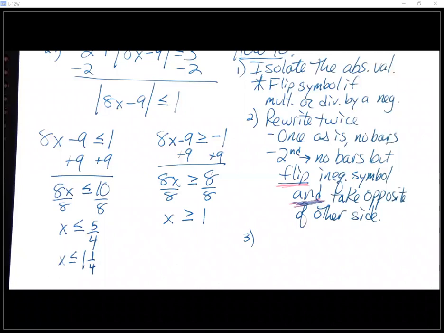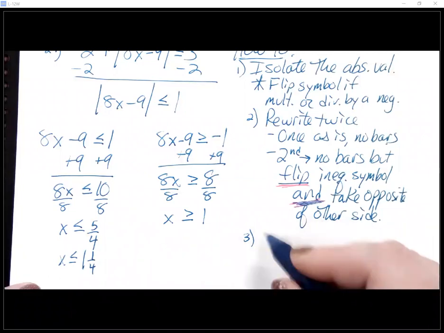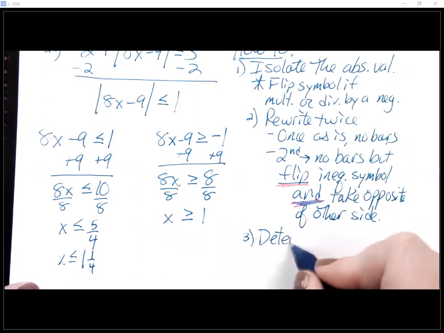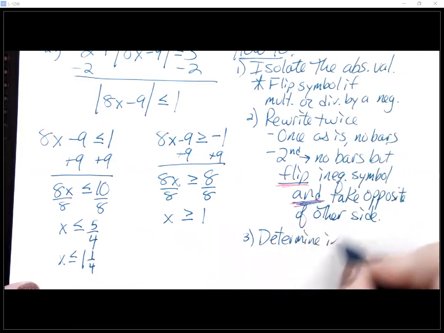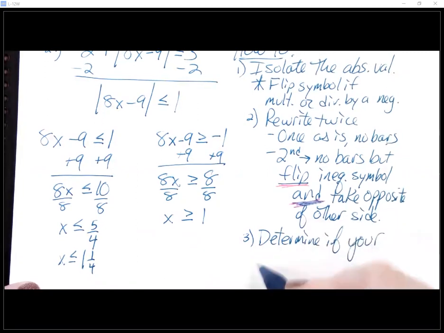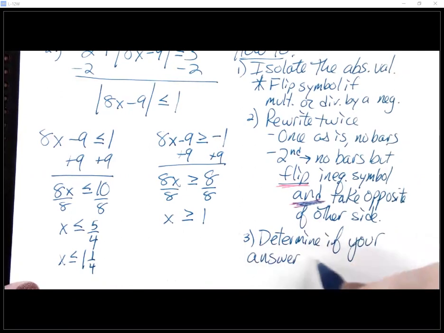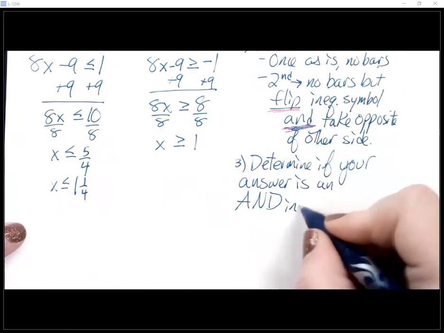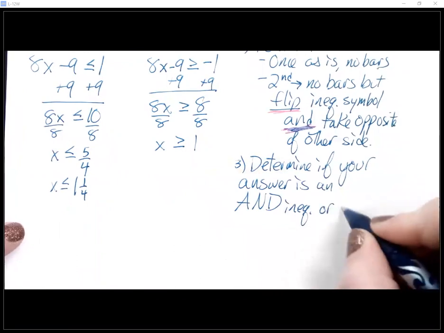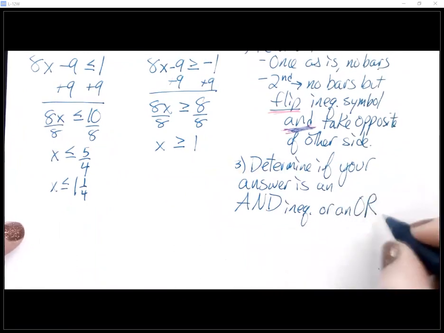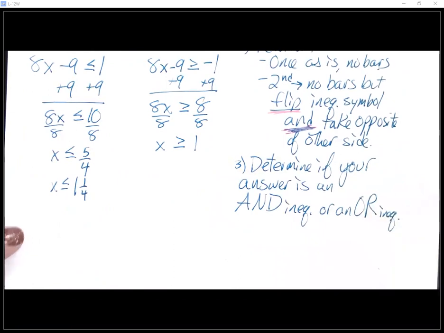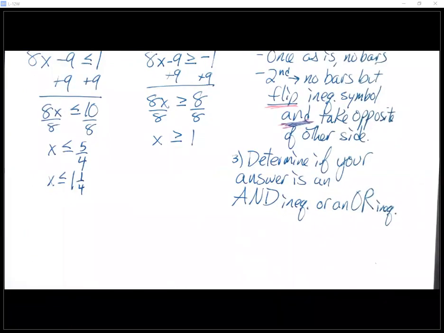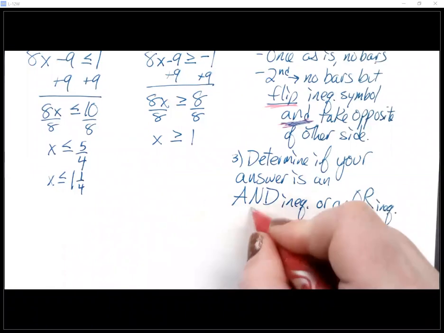Okay, so step 3, you're going to determine if your answer is an and inequality or an or. To do that for the ands, you're just looking: are there numbers that exist that satisfy both?